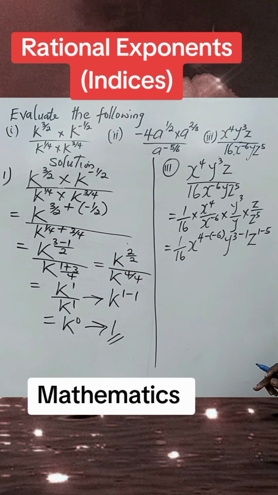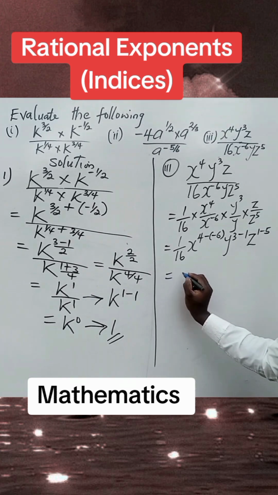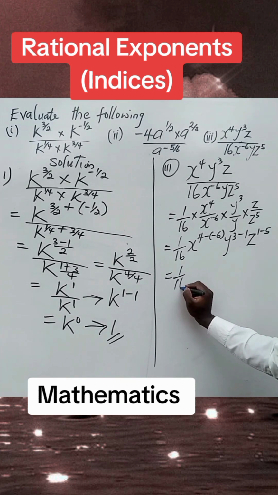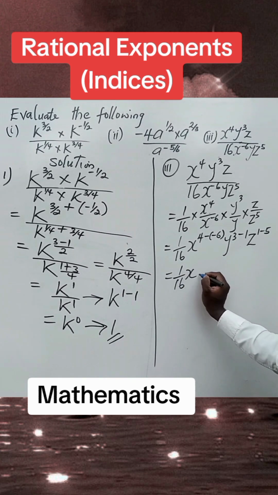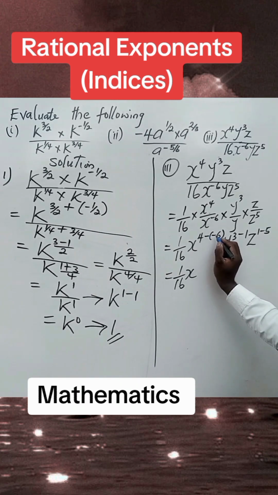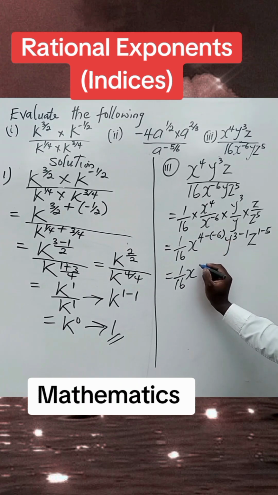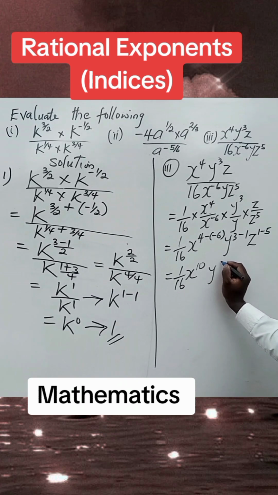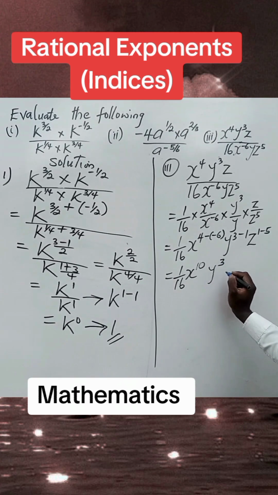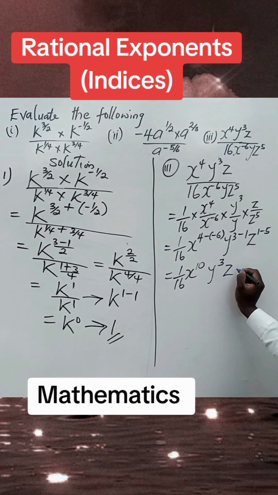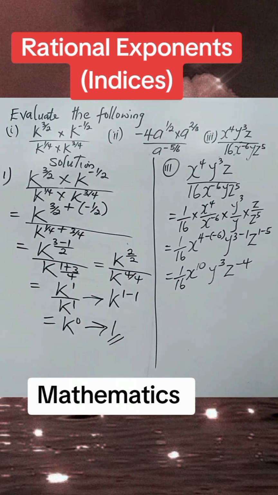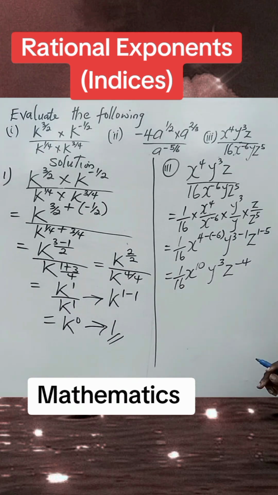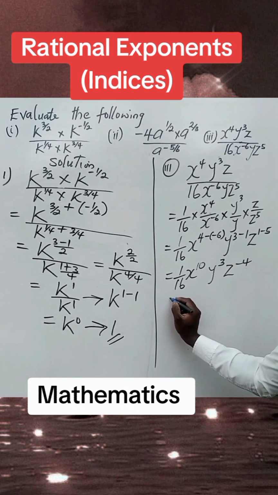The next step is to simplify further. So 1 over 16, x to the 4 plus 6, which is 10, then y to the power of 3, and z to the power of 1 minus 5, which is minus 4.